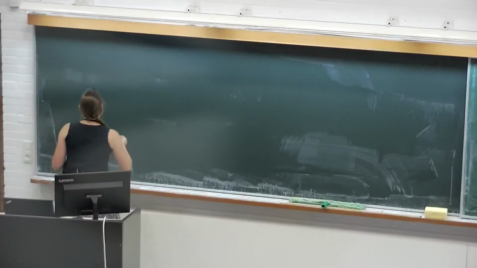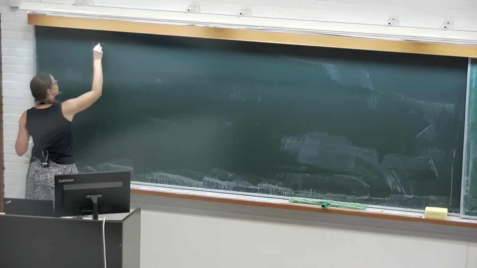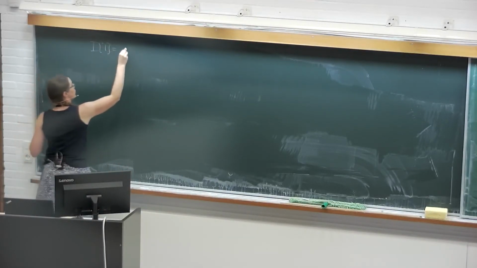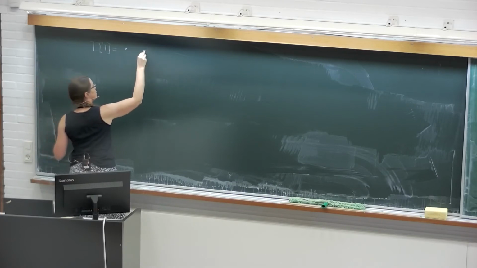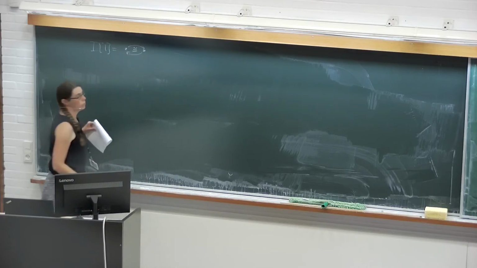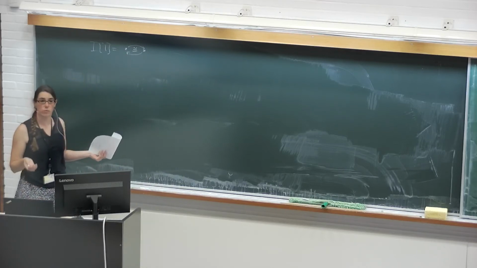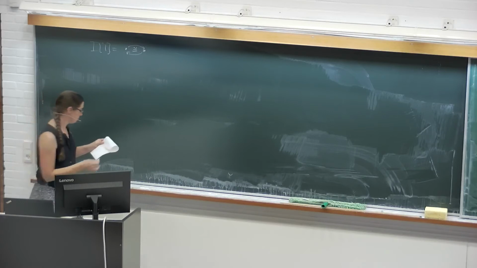And for those of you who know what that means, recall yesterday we had the following nice one category, namely the walking isomorphism, which just has two objects and one isomorphism between them.